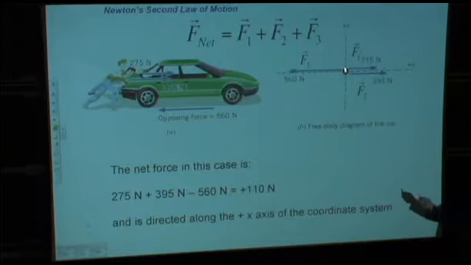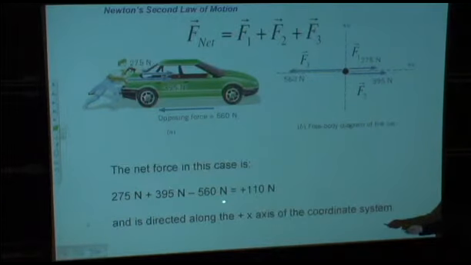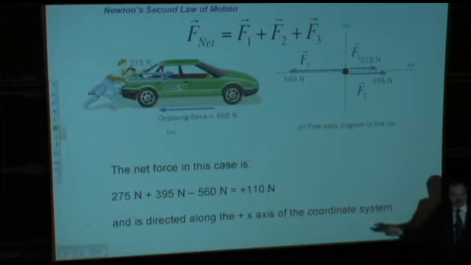So when I'm writing this expression, you see, a vector, a vector, a vector, I always have to write a plus. I am adding forces. But when I make a transition from forces to numbers, I have to take into account the direction. If this force has a negative component, well, I am adding a negative component. That's what I'm doing here. And that's the net force.